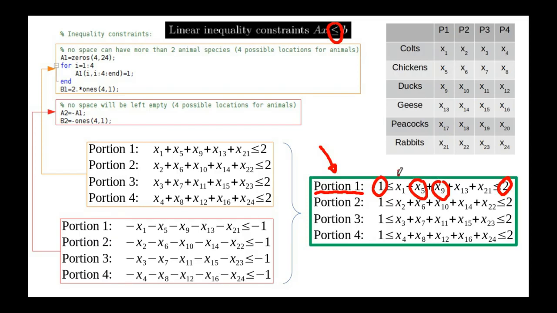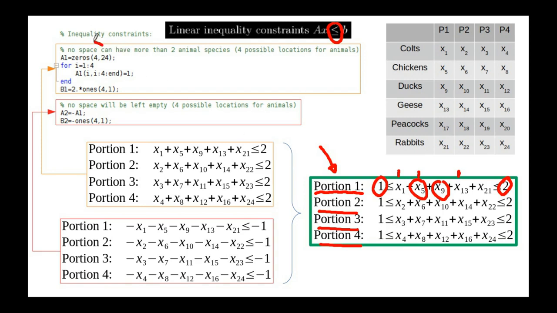So maybe this and this will be 1, maybe only this, I don't know, but I'm forcing that a minimum of 1 element out of these 5 positions in the optimization array will be equal to 1, or maybe a maximum of 2 elements out of these 5 elements in the optimization array will be equal to 1. The same goes for portion number 2, portion number 3, and portion number 4.